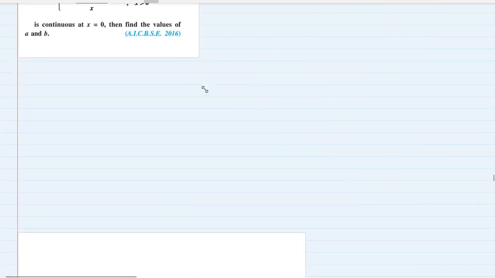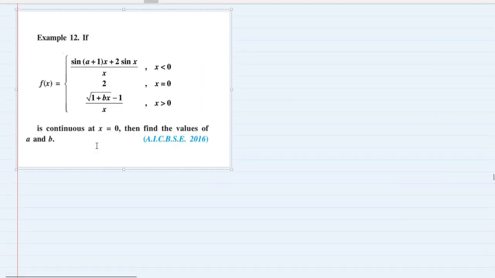This is 2016 CBSE All India. If f of x is equal to sine of a plus 1 x plus 2 sine x, the whole upon x, when x is smaller than 0.